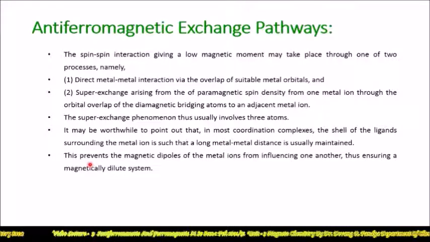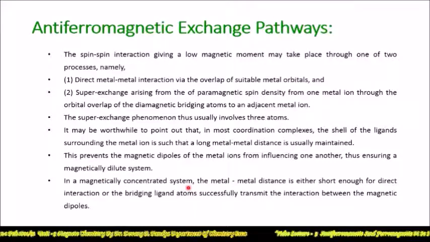This prevents the magnetic dipoles of the metal ions from influencing one another, thus ensuring a magnetically dilute system. In a magnetically concentrated system, the metal-metal distance is either short enough for direct interaction or the bridging ligand atoms successfully transmit the interaction between the magnetic dipoles.